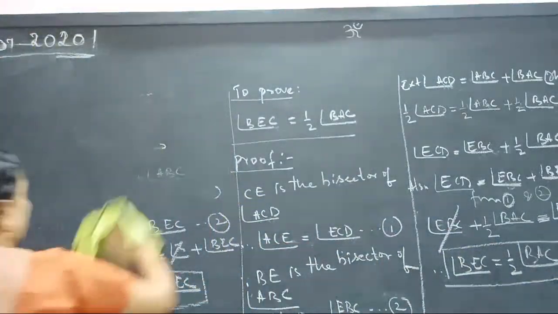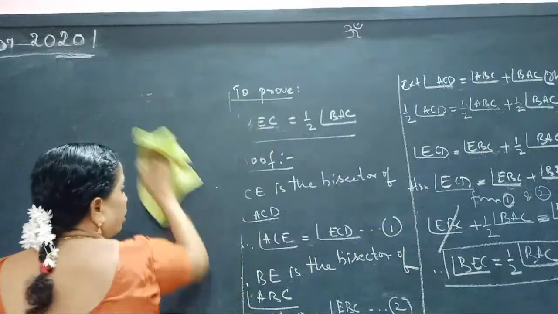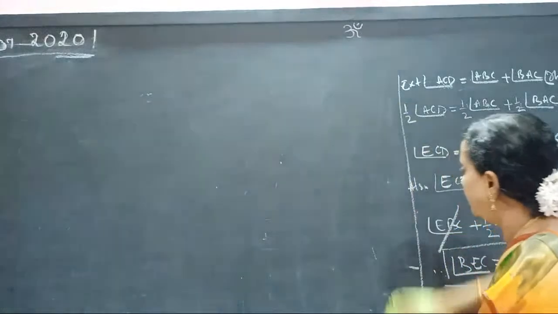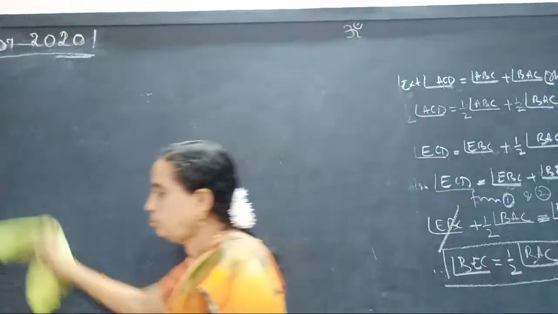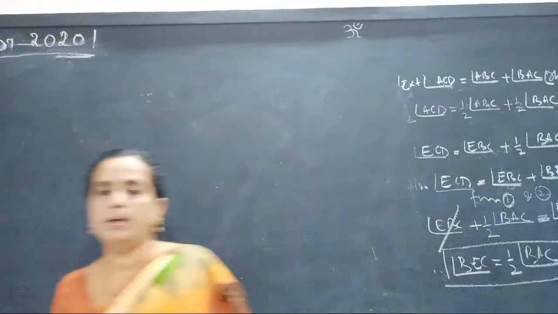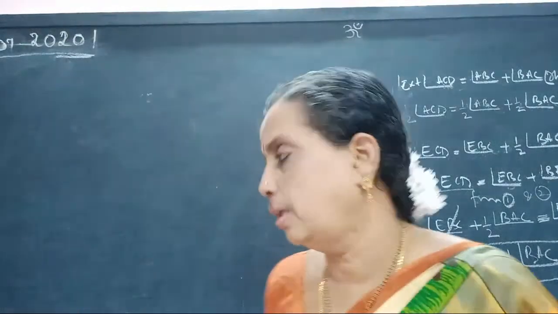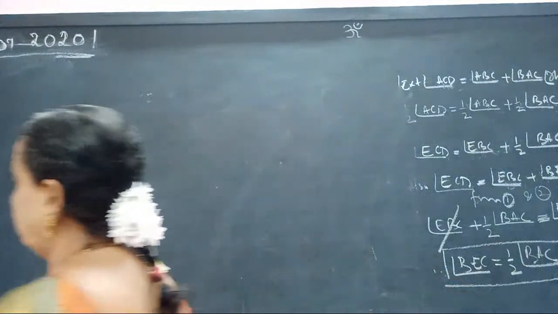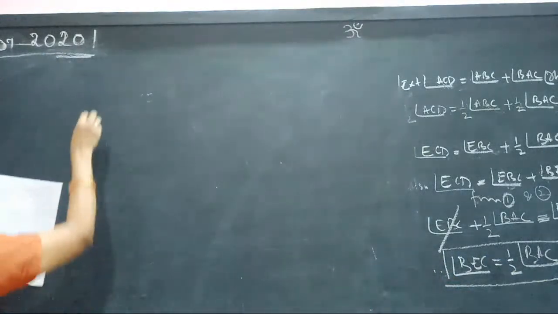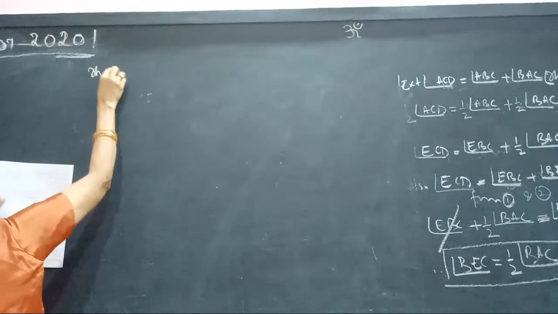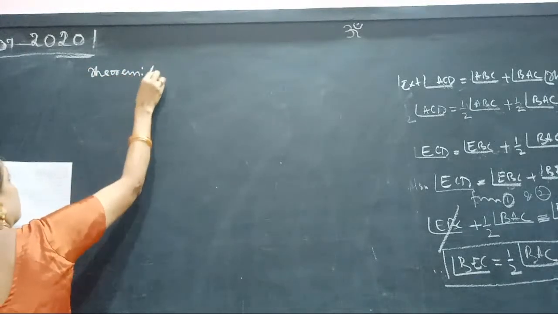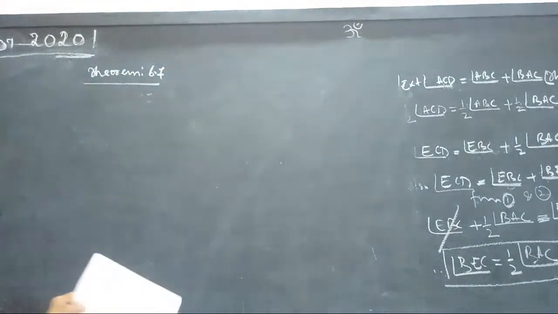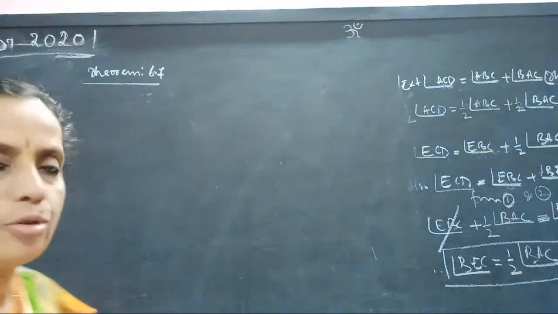Write the heading theorem 6.7 and in the bracket write angle sum property of a triangle. This theorem was already explained. Since it is included in the worksheet, I am doing it again.